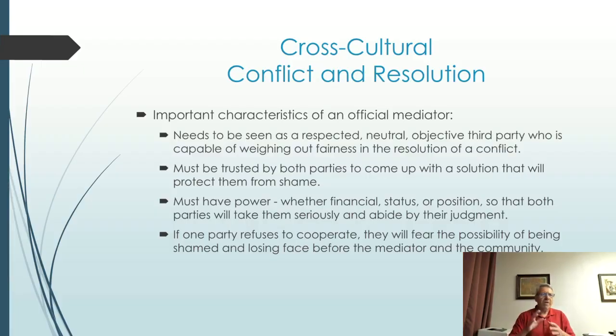And so an official mediator is going to be a person, and strangely enough, one of the illustrations I told you, it was the butcher. It wasn't the president, it wasn't the mayor, it was the butcher. But he had status and role, and he carried weight in what he was doing there. And it might be a weight that not everybody was aware of, but the community certainly was. So using a mediator is one means.